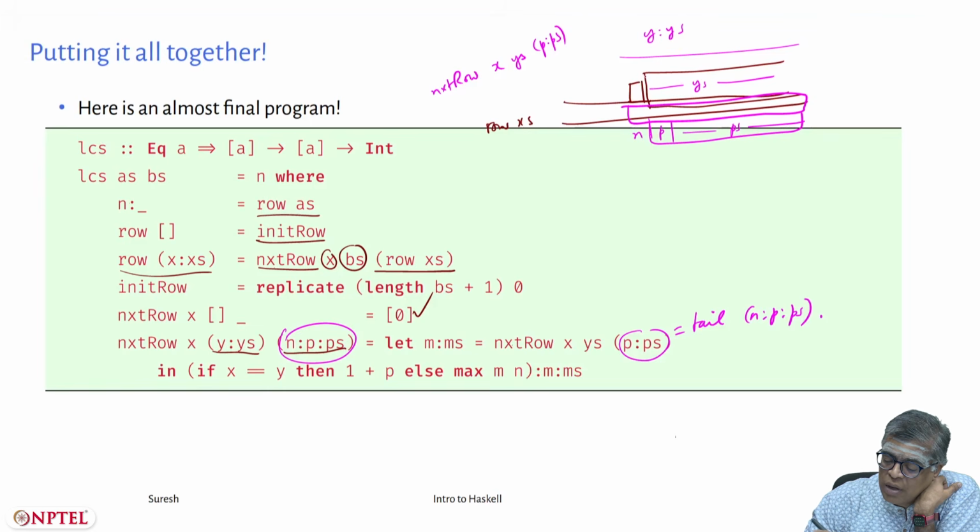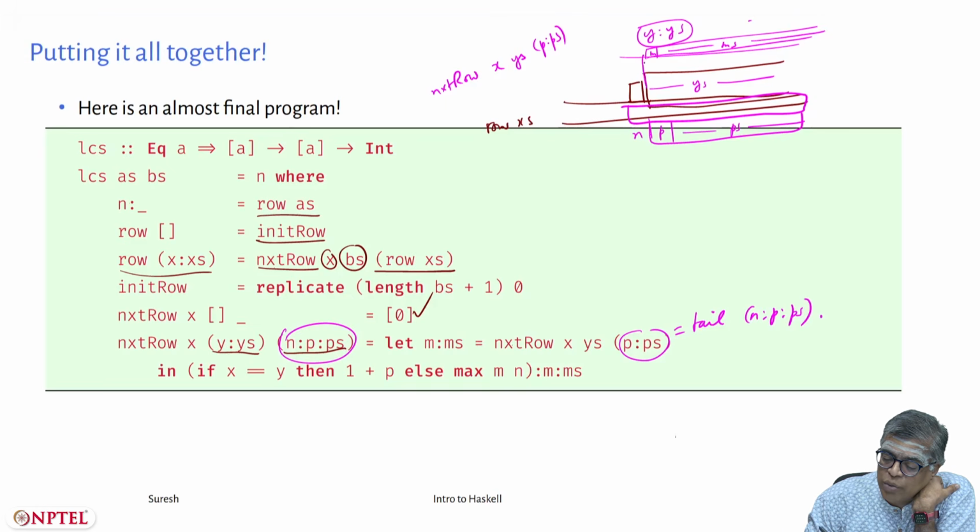This whole thing is the result of this whole list, this list of numbers associated with y's. I have a list of numbers which I want to call m followed by m's.